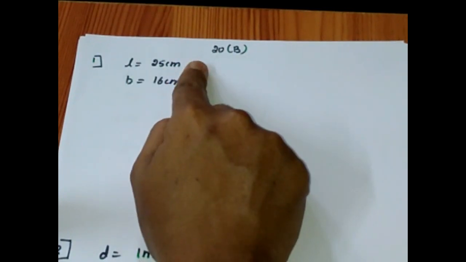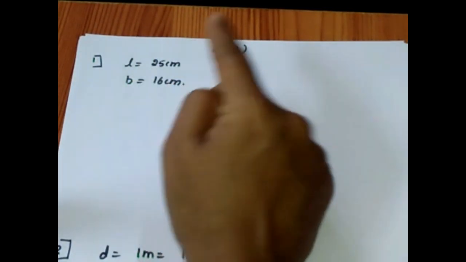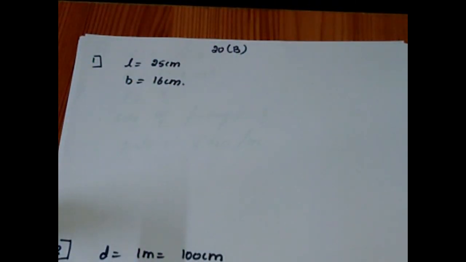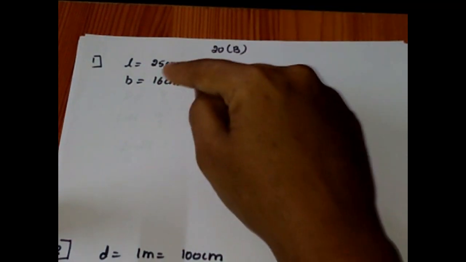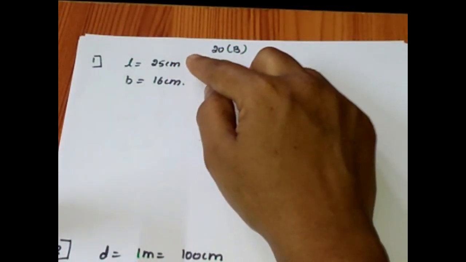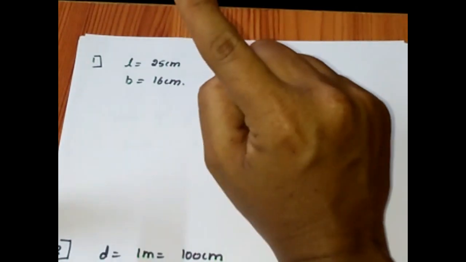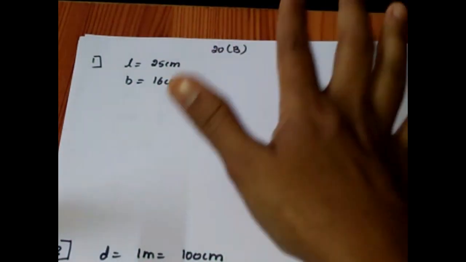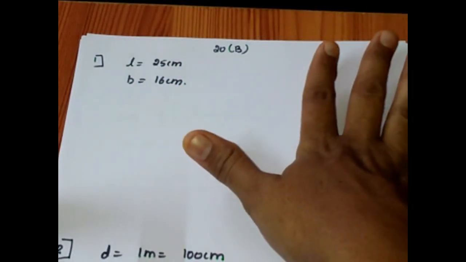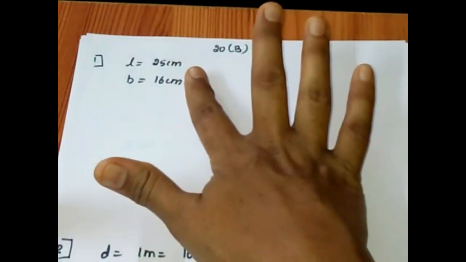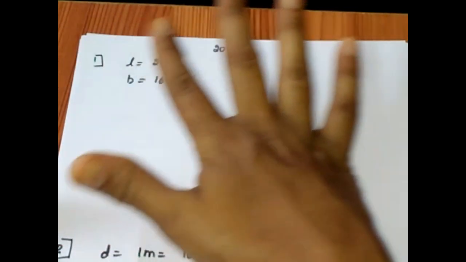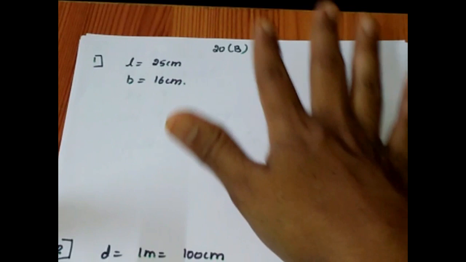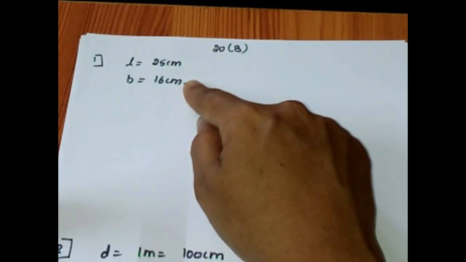Length is in centimeter, breadth is also in centimeter. If the given information is not of the same unit, the first step is to do the conversion and then proceed. But as per the reduced syllabus, only direct problems are included, and conversion type problems are avoided. So this year you are safe, and you cannot expect such problems in the examination.